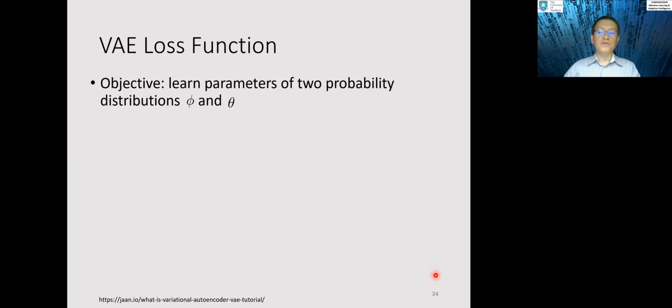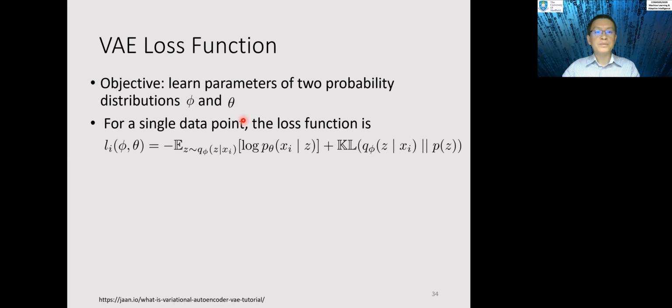And how about the loss function? This is also a big difference from regular autoencoder. Here, the objective is to learn the parameters for the two probability distributions, which are theta and phi. For a single data point, the loss function looks like this.